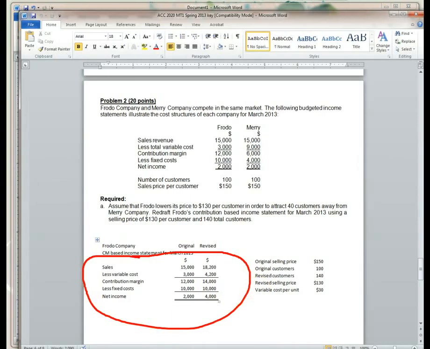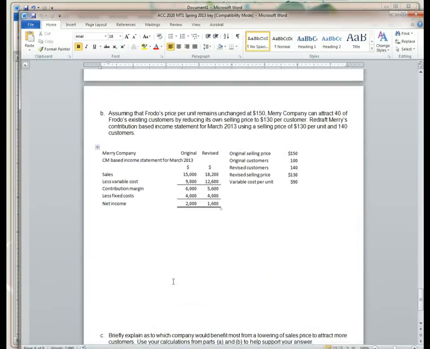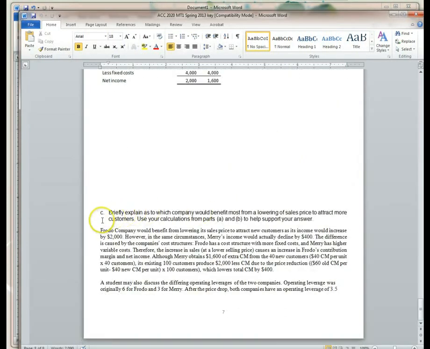Let's see. I'm going to click off that real quick. I'm going to go down to part B, and we got the same thing for Mary Company. Oh, for C, I guess I didn't cover C, but the answer is operating leverage. That's all I need to put. I'll actually write that out. You're welcome to read all that rambling, but the answer that I'm looking for would be something like this.